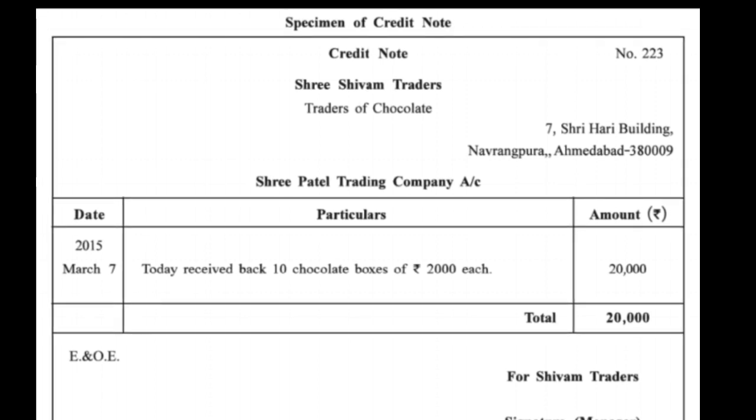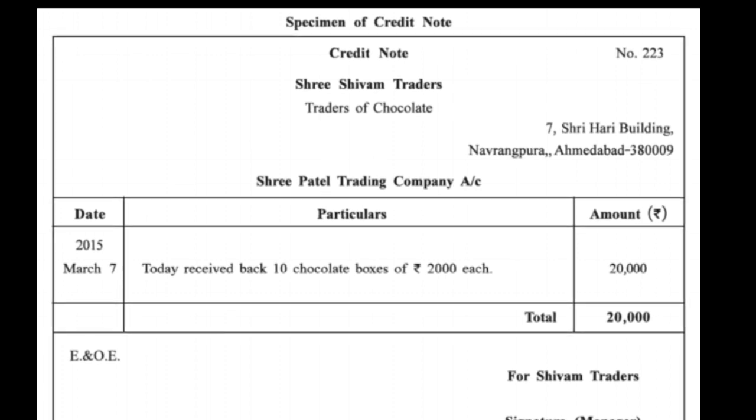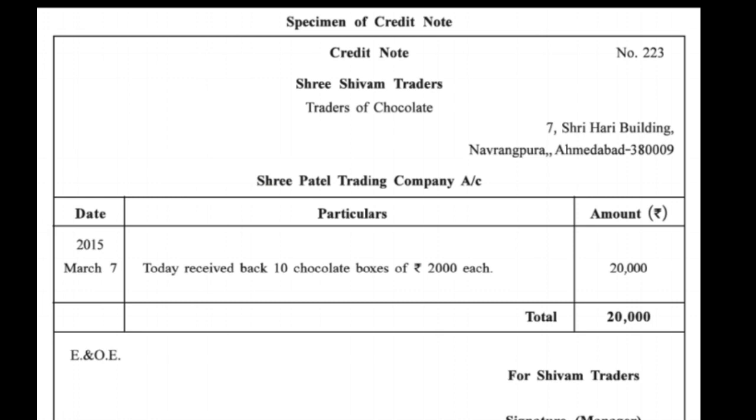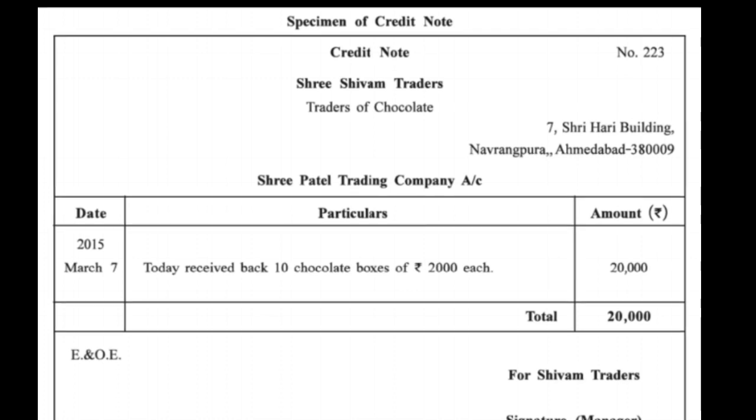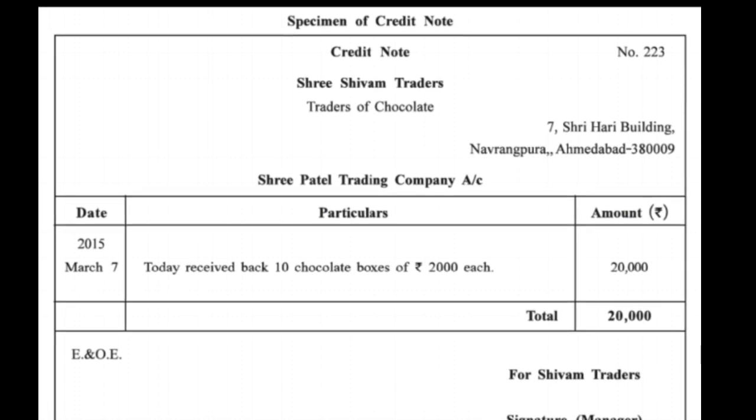Like for sales, we write Mr. A's account debit to sales. So here A's account is debited, but when the sales is returned, the sales return account is debited and the customer's account, that is Mr. A's account, is credited. So here, as the customer's account is credited, the credit note is to be sent. A note sent to the customer confirming such credit is known as credit note.